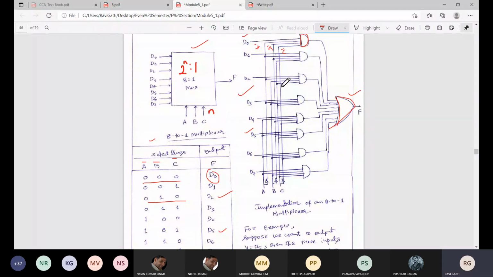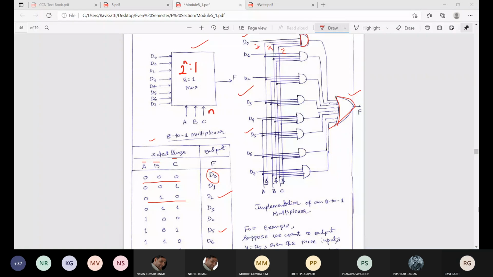You understood, right? How I am writing this diagram? Is anyone? Yes? No? Others, are you able to understand this multiplexer? Yes, Swaroop is here.